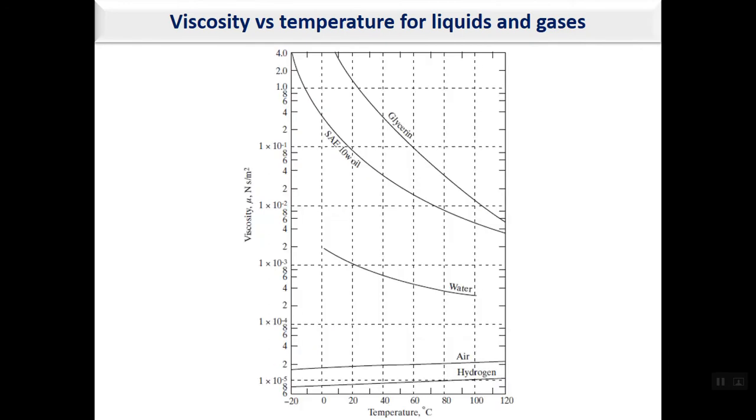You can see here some examples. For glycerin, oil, engine oil, and water, you can see that by increasing temperature the viscosity is decreased, but for gases like air and hydrogen, viscosity is slightly increasing with increasing temperature. Please don't forget this.